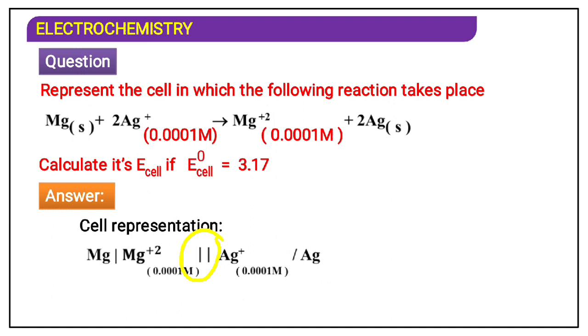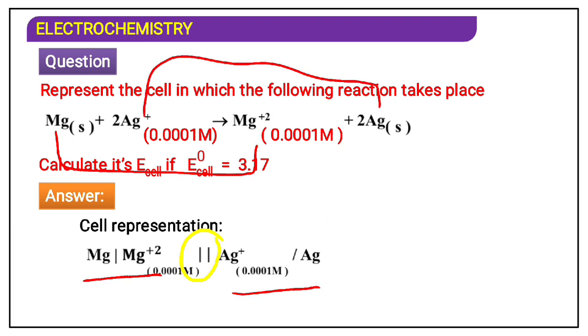After writing the salt bridge, this is the left side and this is the right side. First, on the left side we write Mg | Mg2+. On the right side we write Ag+ | Ag.